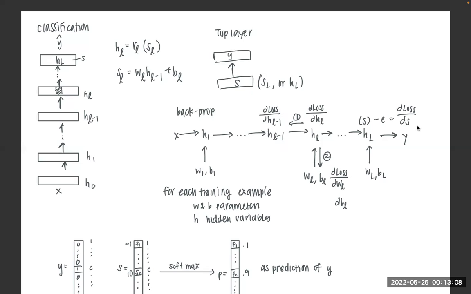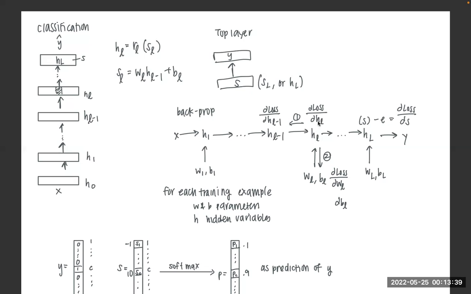For the backpropagation, we treat this top layer, H capital L, and write this as our S. For this score S, we compute the derivative of the loss function for this particular training example with respect to this top layer, S or H capital L. And this is in the form of negative error.